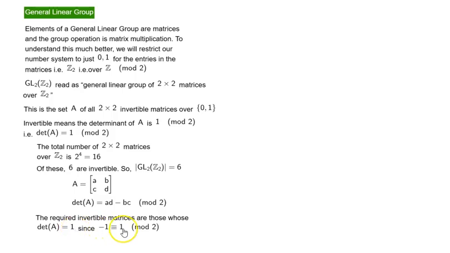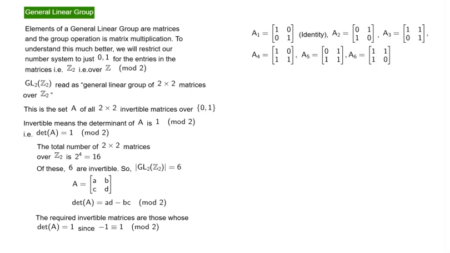Since minus 1 is equal to 1 mod 2, the determinant of A could be 1 or minus 1 purely based on calculation, but when we do mod 2, we will get 1. If it is something other than 1, then we ignore such matrices. Okay? So these are the 6 matrices over 0 and 1. A1 is the identity. A2 is this, A3, A4, A5, A6.